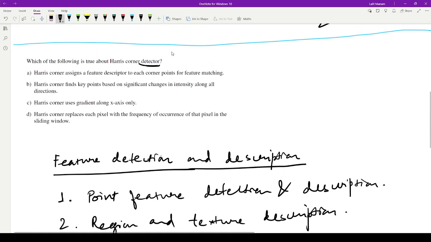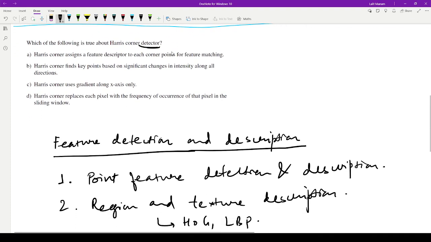So based on this, do you think the first point is correct? Harris Corner assigns a feature descriptor to each corner for feature matching. No, because we don't really do any kind of description. We just find the point and that's it.